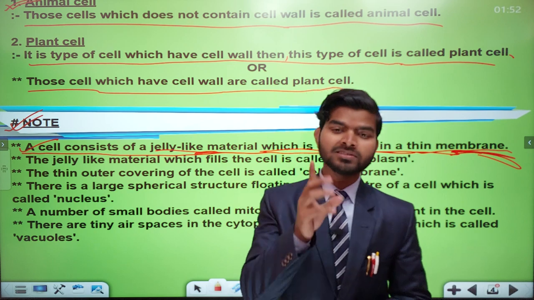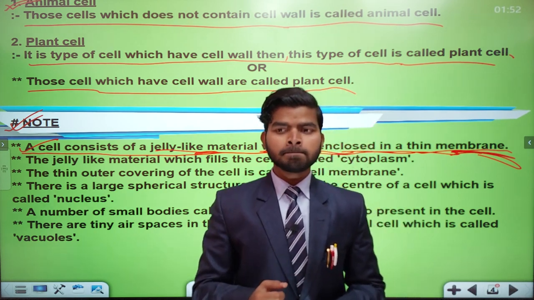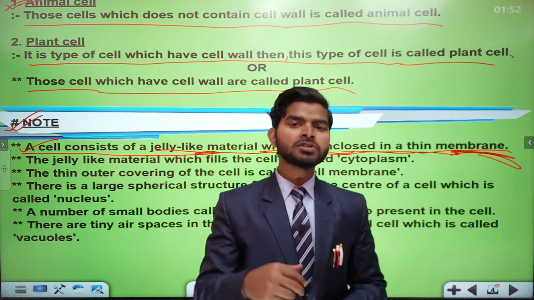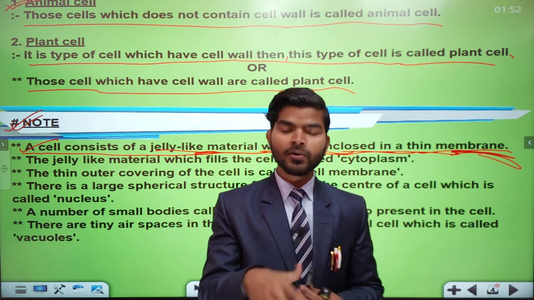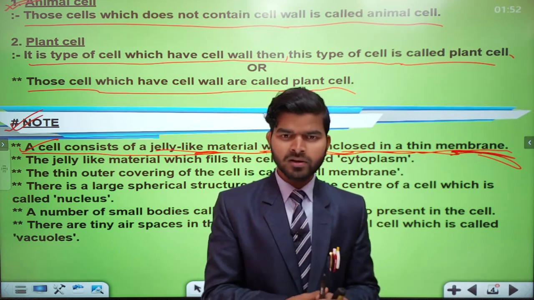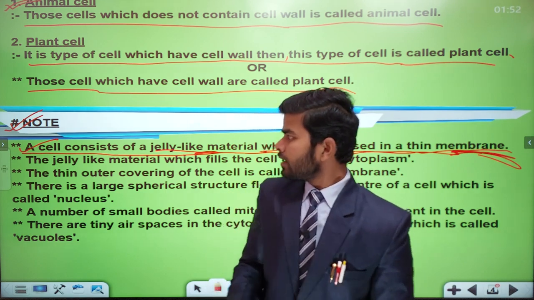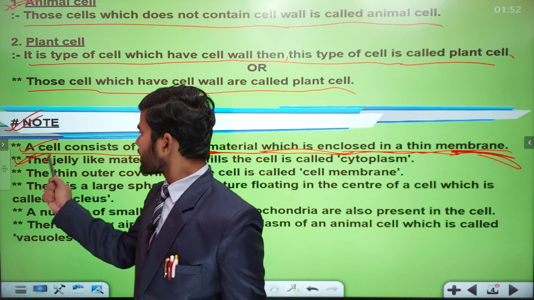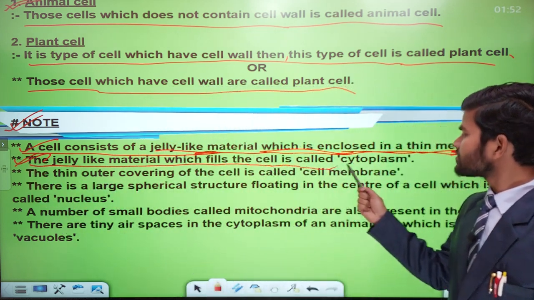That is the structure of that particular cell, which is surrounded by a thin membrane, that may be the plasma membrane. Next point, the jelly-like material which fills the cell is called cytoplasm.